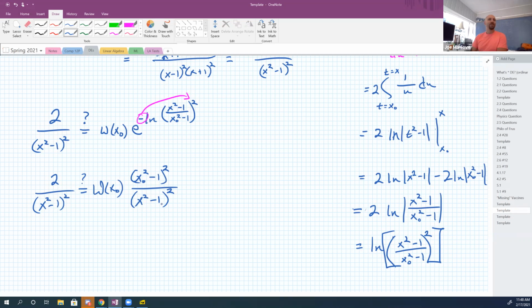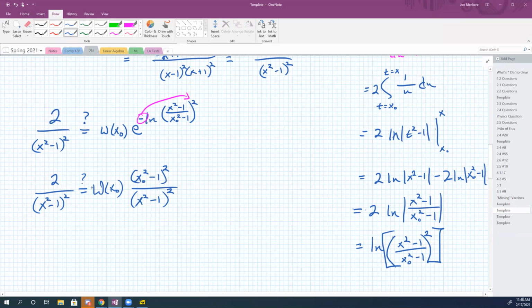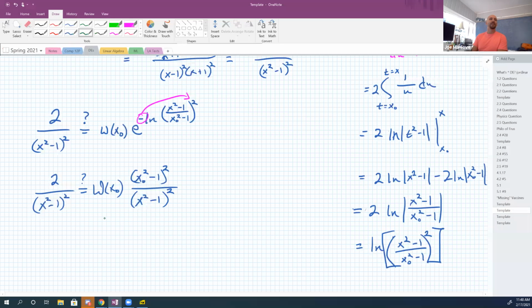So W at x naught should be this function over here, evaluated at x naught, right? Which is going to end up being 2. So if I plug that in, this function evaluated at x naught is 2 over x naught squared minus 1 squared. So that's W at x naught.